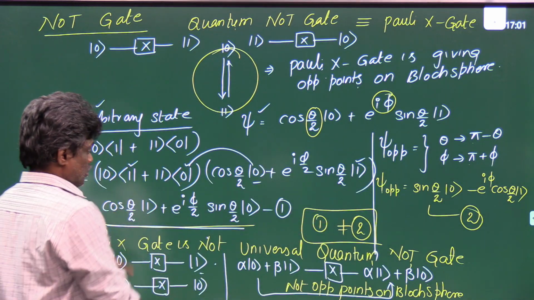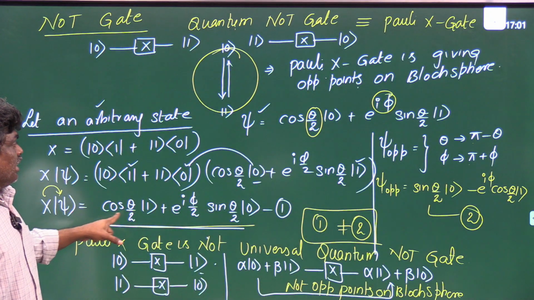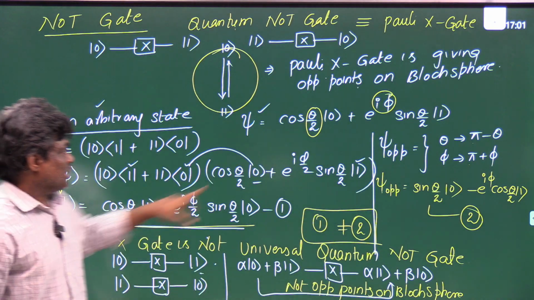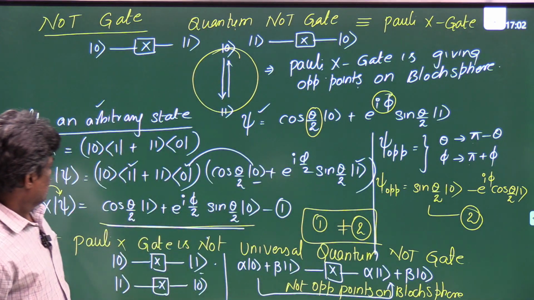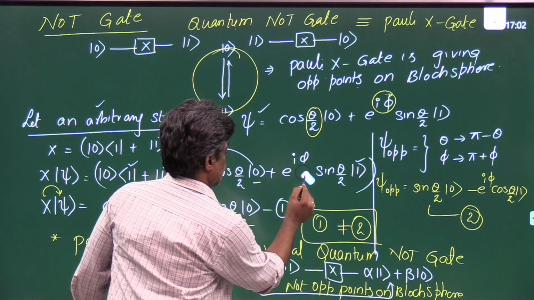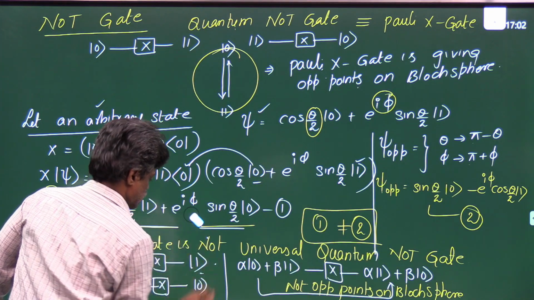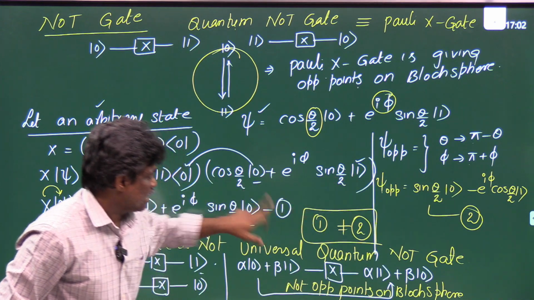Because here if you see carefully, yes, the same only, sorry. Earlier cos theta by 2 for 0 becomes 1, and e raised to i phi sin theta by 2 for 1 will become 0.